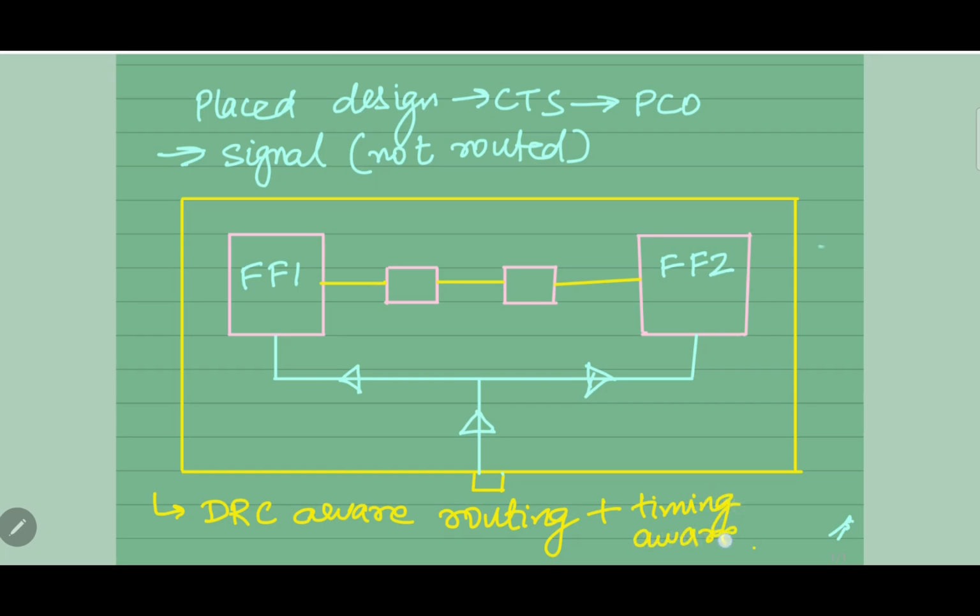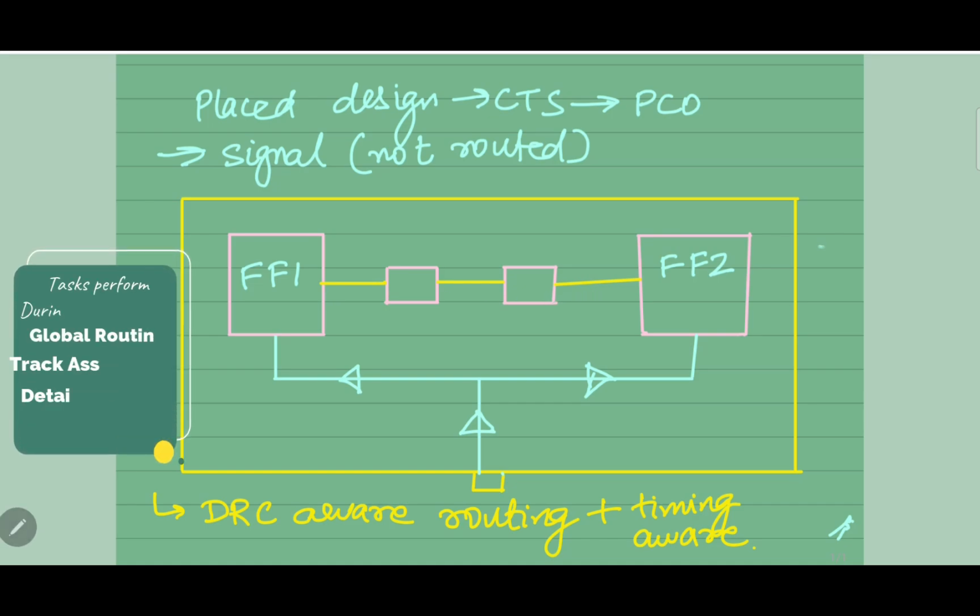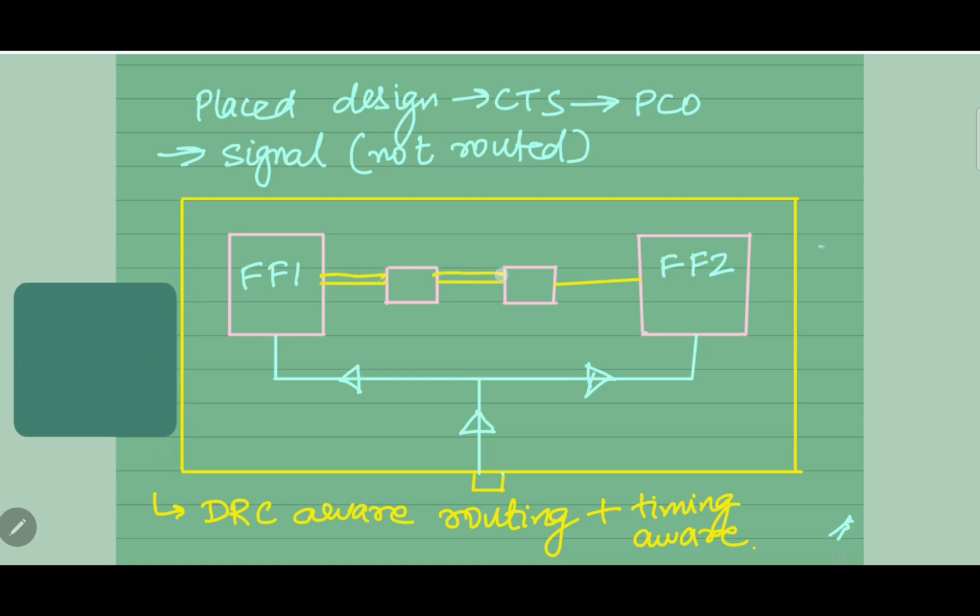We cannot have random routing, it has to be timing aware, and it should meet DRC. These are the minimum requirements. But when it is done, there will be track assignment and metal will be drawn. So this yellow colored part is your signal routing, the signal which is getting routed in the routing stage.